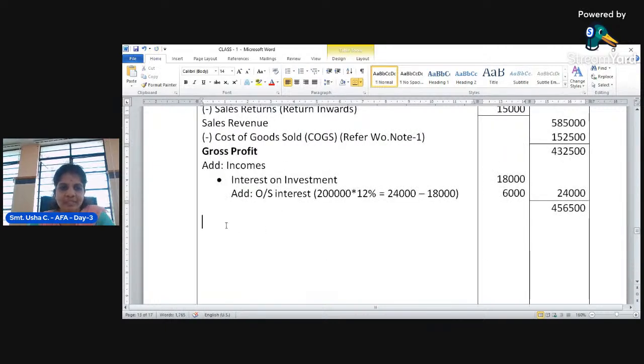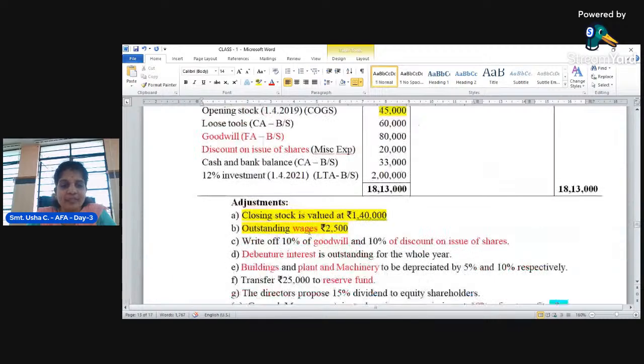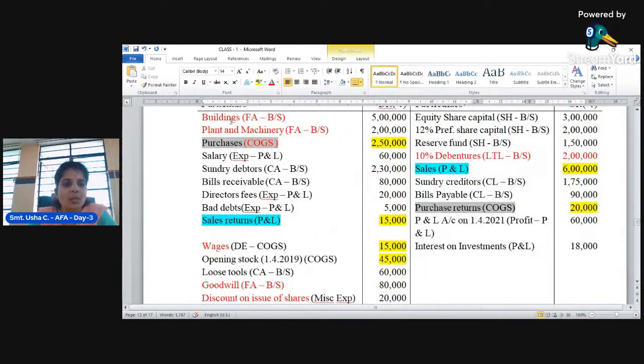For this we can deduct expenditure. Where does this expenses item come? These expenses are shown under the debit side of the trial balance, right? So look at here, take all the debit expenses of profit and loss account.